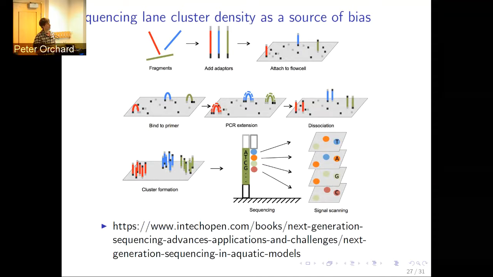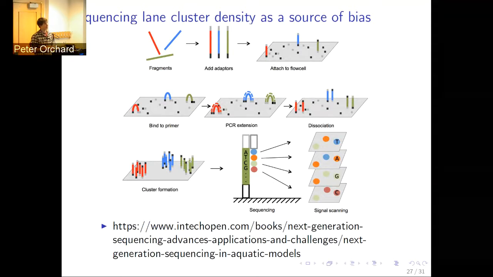And that actually introduces a bias, because shorter DNA fragments tend to bend over and make that connection more easily. So if you have two clusters near each other, then whichever cluster has the shorter DNA fragment will tend to be preferentially amplified.